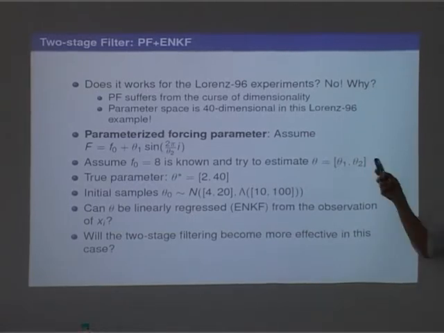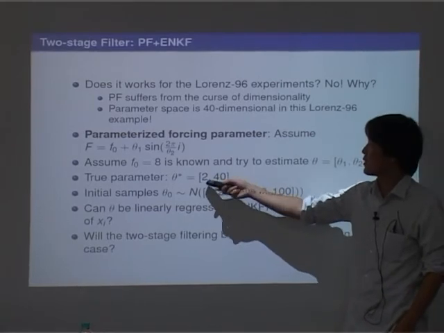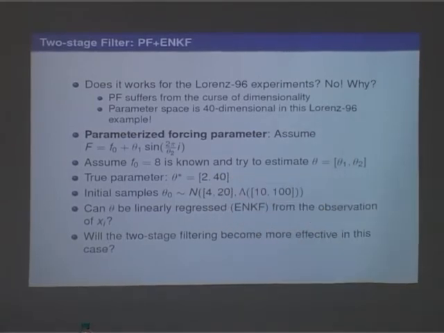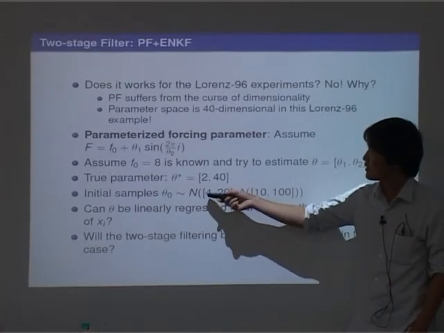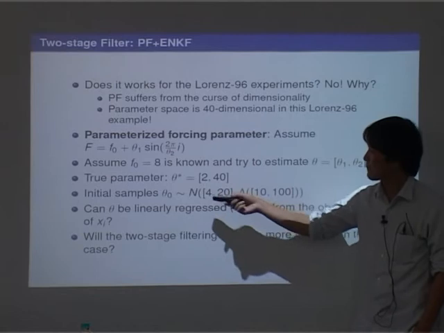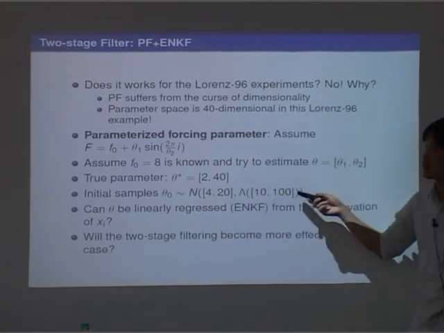In this case, the true parameters theta 1 and theta 2 are 2 and 40. The initial sample, however, is drawn from a distribution centered at 4 and 20, with this diagonal covariance matrix.